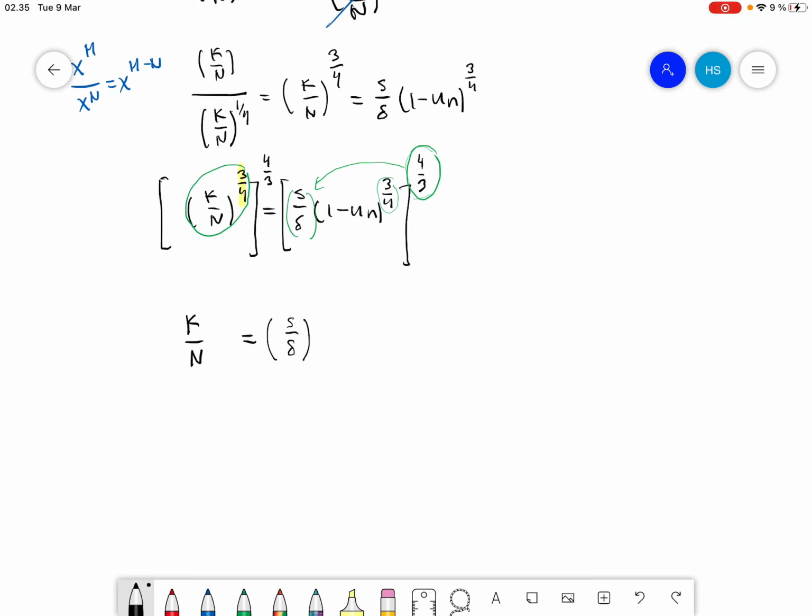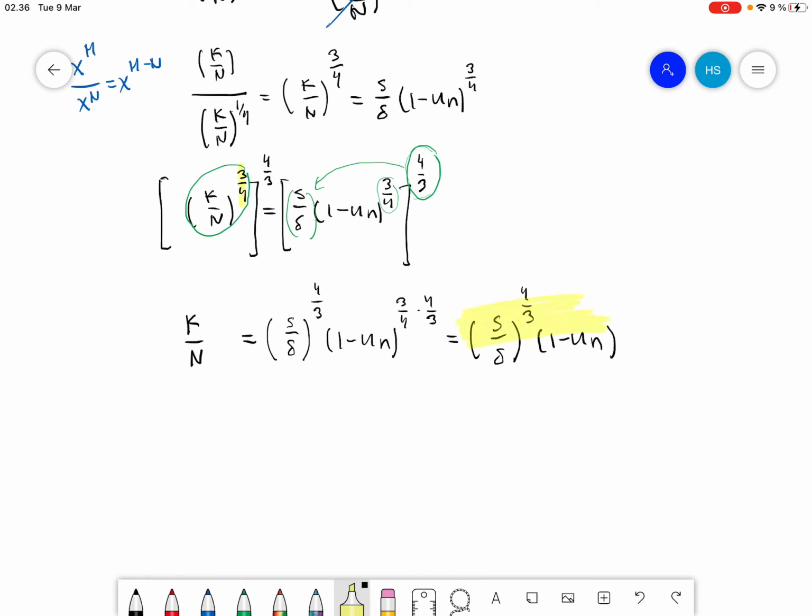So K over N, the capital stock per worker in steady state, is equal to the savings rate over delta to the power of 4 over 3 times 1 minus the natural rate of unemployment to the power of 3 over 4 times 4 over 3. That is just a 1. So we have the capital stock per worker in steady state is equal to the saving rate over delta to the power of 4 over 3 times 1 minus the natural rate of unemployment.